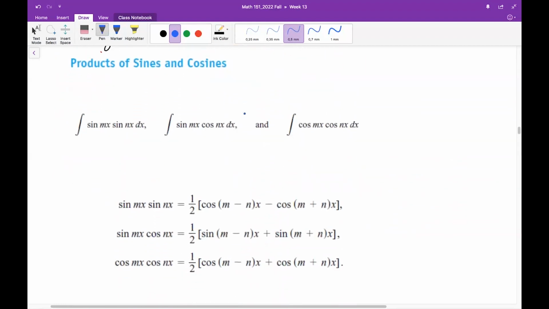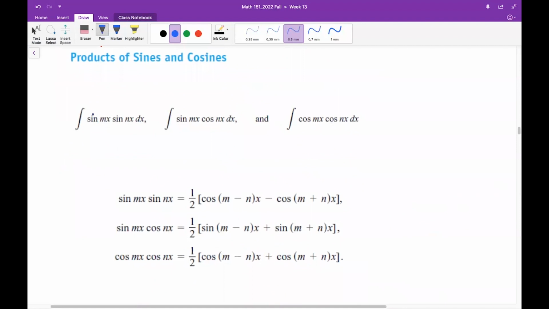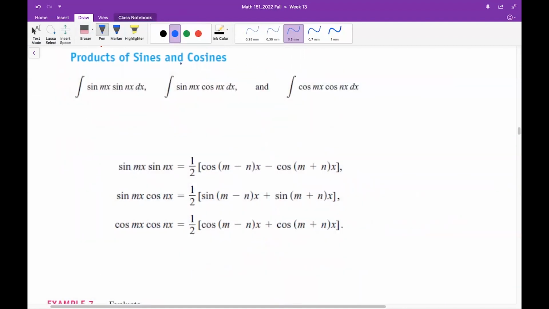Okay, let me talk about this type of integrals now, which will be the last topic of this lecture video. So these are the products of sines and cosines. So you don't have m and nth power of sine and cosine anymore. You put m and n as the coefficient for x inside, like this. So how to deal with such products of sines and cosines?